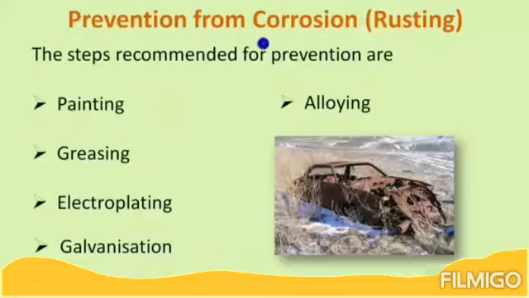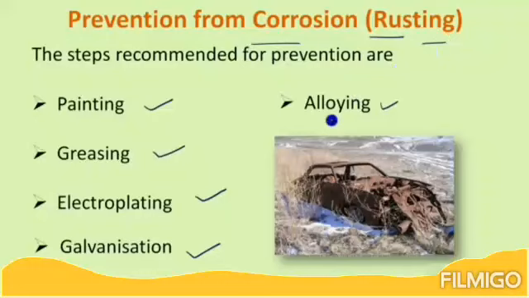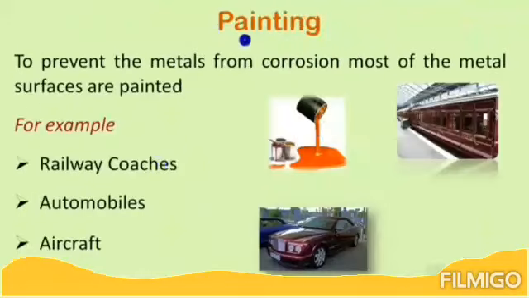So, how can we prevent rusting or corrosion? By painting, greasing, electroplating, galvanization, alloying. To prevent rusting, we can apply paint.